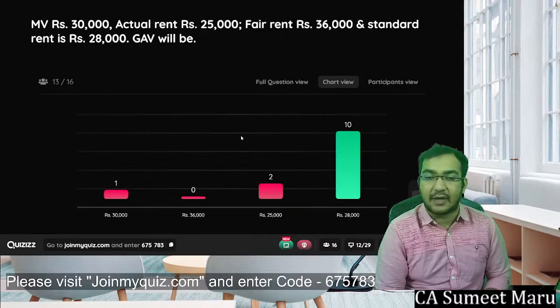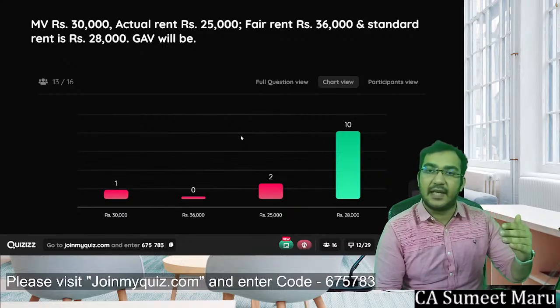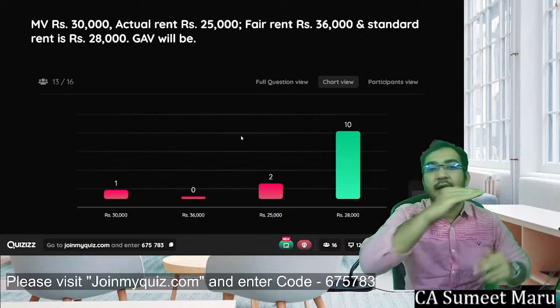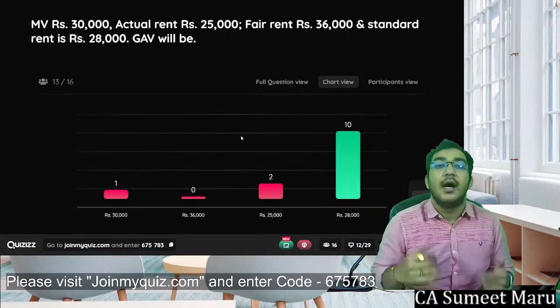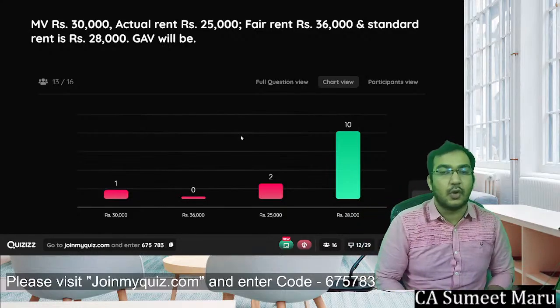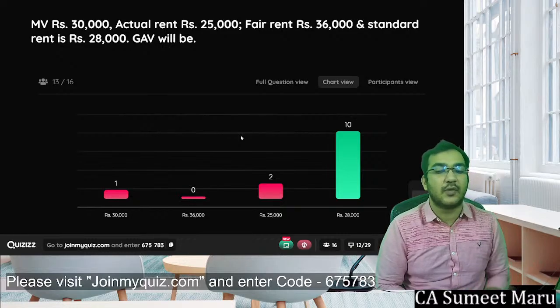Option number D, 20,000. Very good. Municipal value or fair rent, whichever is higher, subject to standard rent, and then compared with actual rent, whichever is higher. So it's absolutely correct. That is your 20,000.